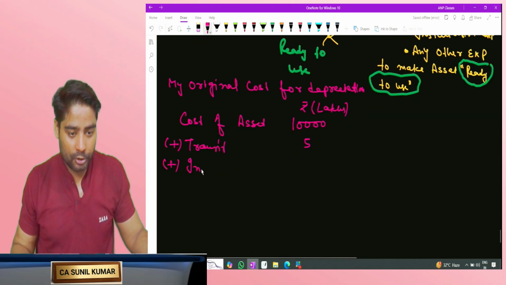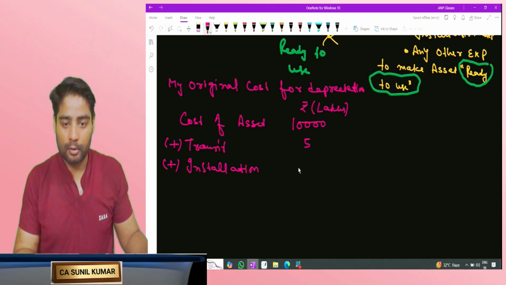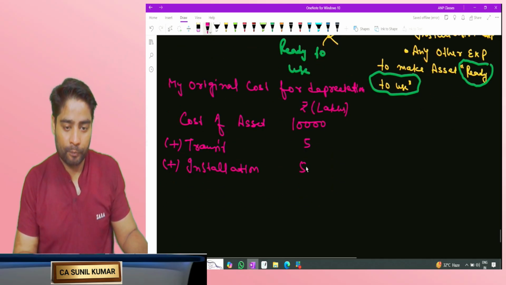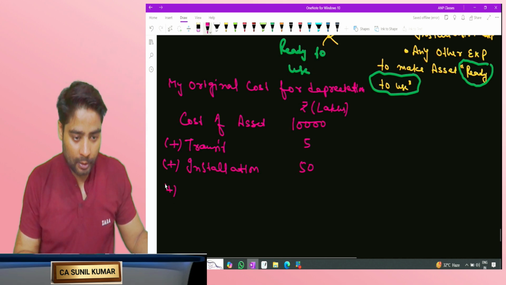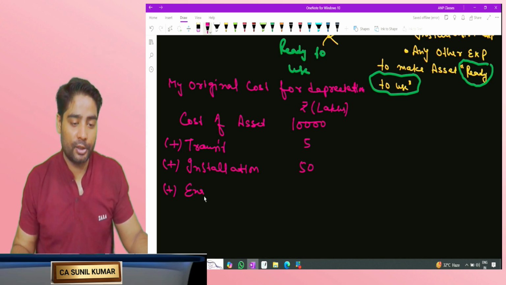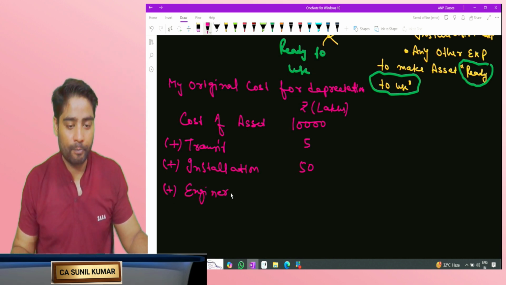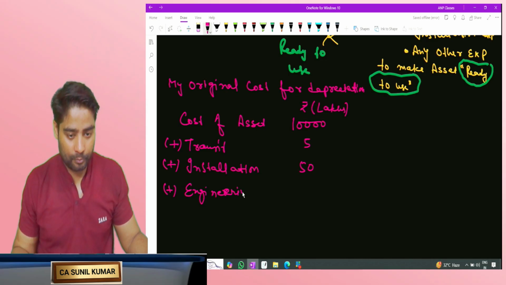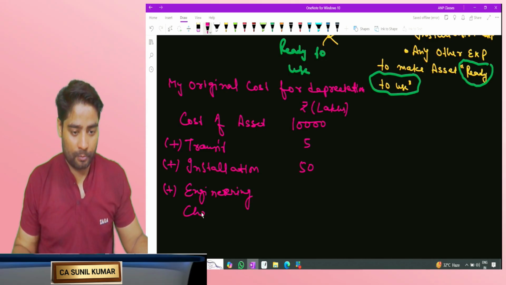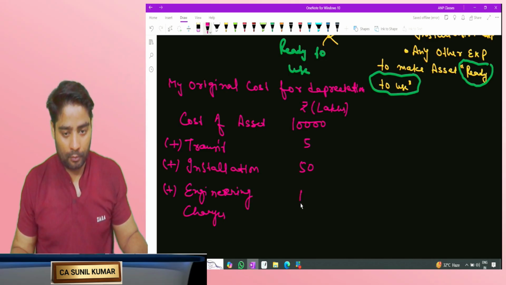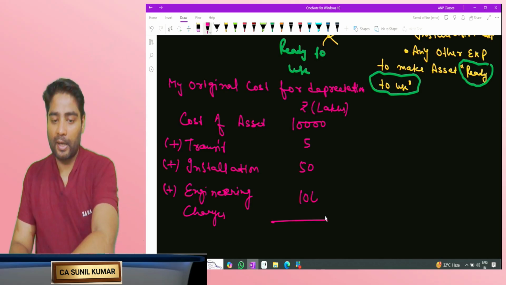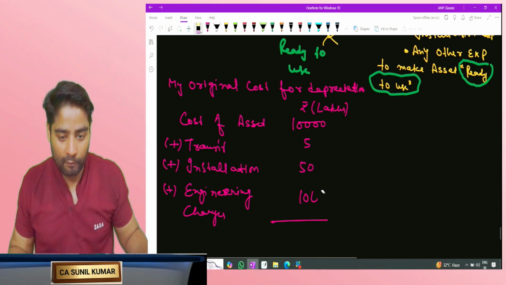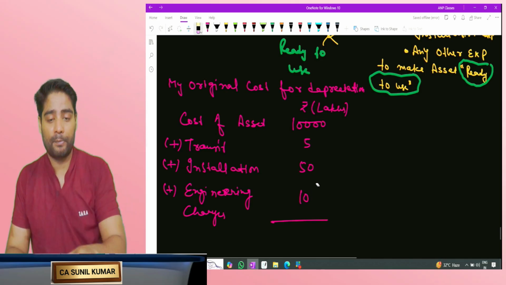The installation cost was 50 lakh. And what were the technician or engineer's charges till the asset became ready to use? Engineering charges, 10 lakh. So what will be my value of asset for the purpose of depreciation?